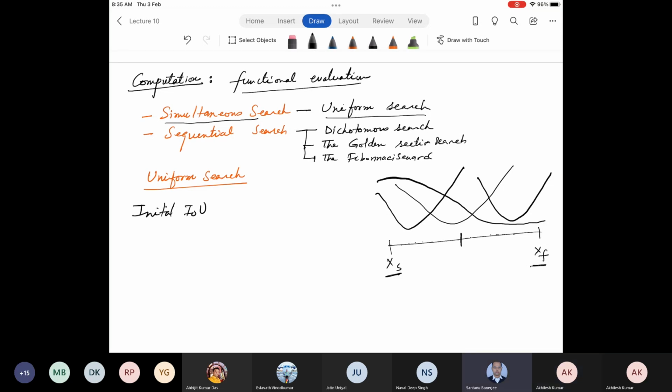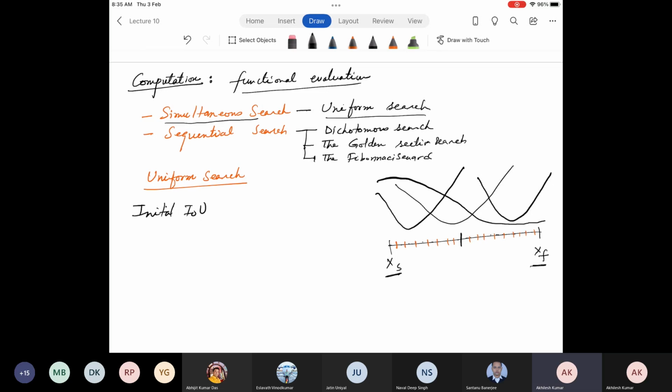Sir, I can start from both the ends also. What do you mean by both the ends? Simultaneously from xs and then from xf. So what exactly are we looking at? Divide the whole interval into an equal number of parts for the functional evaluation.